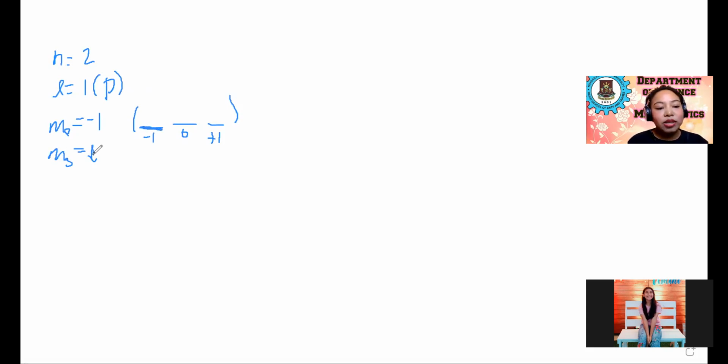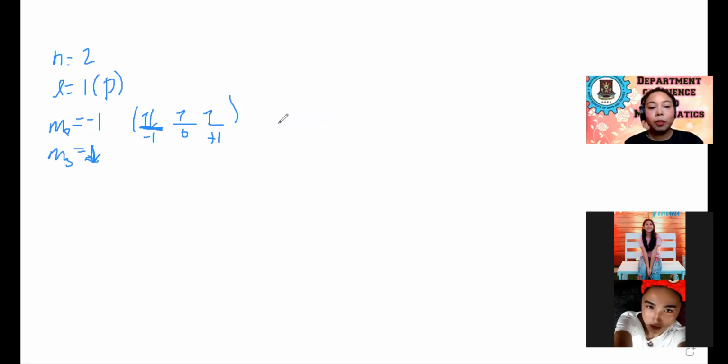So look at the direction, downward. Since it is downward, it means they all already have one electron going up. The downward one is seen at -1. So how many electrons are there in your P? 4.